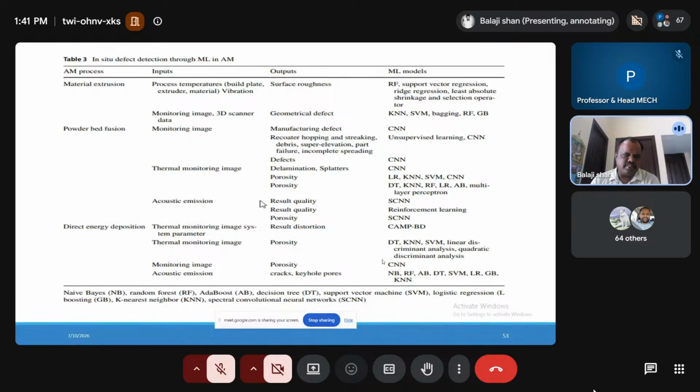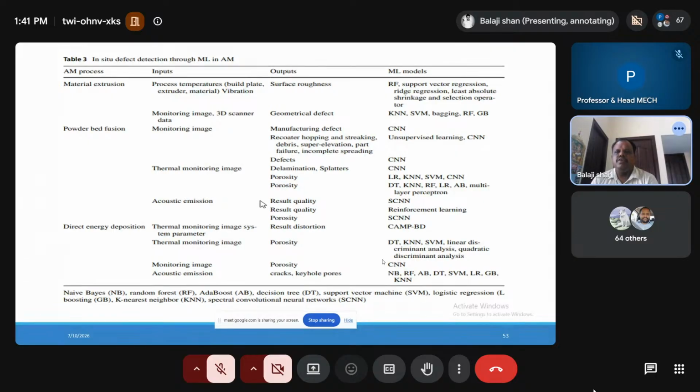And in the same material extrusion, with monitoring images and 3D scanner data, the outputs are geometrical defects. They are using kernel neural network, SVM, bagging, random forest, and GB machine learning methodologies for detecting the error. And the next one is the powder bed fusion process. The inputs considered are monitoring images, thermal monitoring images, and acquisition images. The outputs considered are manufacturing defects: recoater hopping, sticking, debris, super elevation, part failure, incomplete spreading, delamination, streaks, porosity, and result quality.